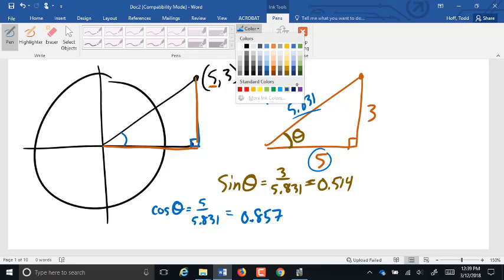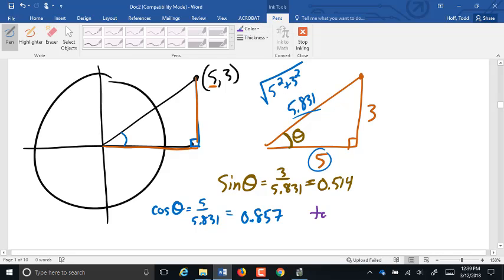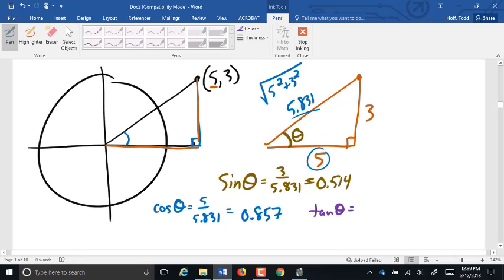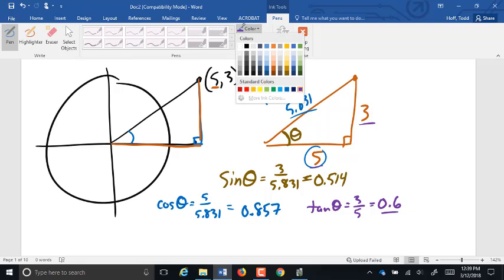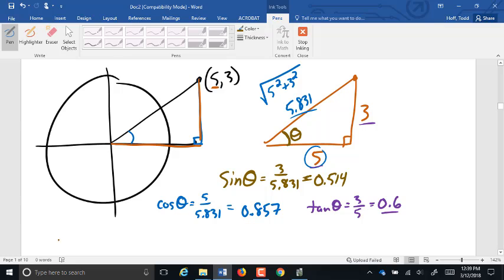How about tangent of theta? Opposite over adjacent. So that would be 3 over 5. 0.6 is the tangent of theta. Let's get fancy here.